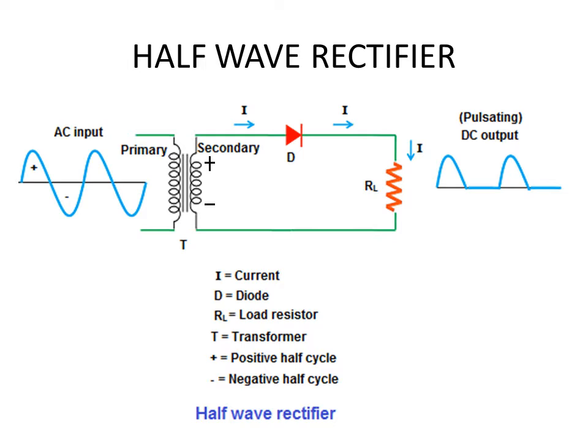That means the negative of our voltage source is connected to the P region, which will make the diode reverse biased. Since it is reverse biased, it will act like an open switch and will not conduct. So during the entire negative cycle, the diode will not conduct any current, and correspondingly the voltage that we measure across the load resistance will remain zero.